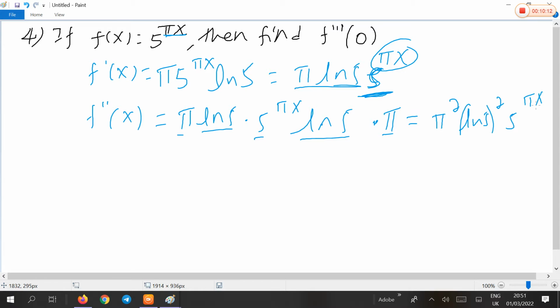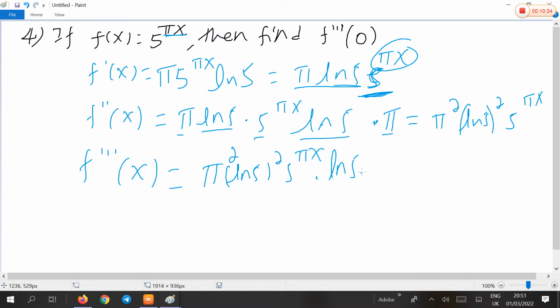Then the third derivative will be: here we have pi squared times ln 5 squared times 5 to the power of pi x times the derivative of 5 to the power of pi x, which is 5 to the power of pi x times ln 5 times the derivative of pi x, which is pi.